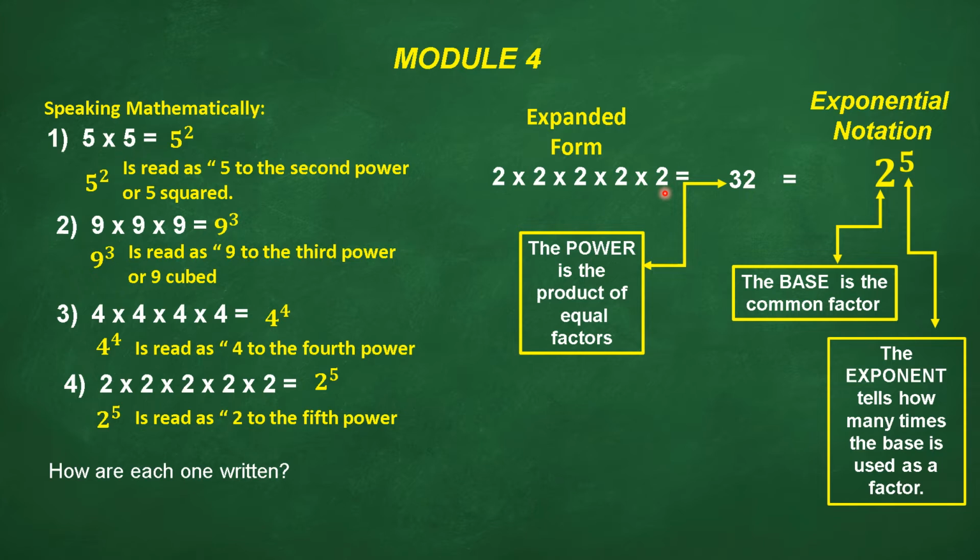So, we have now the expanded form. This is the power. Exponential notation wherein there is a base, then the exponent which is written on the upper right hand of the base, which tells how many times the base is used as a factor.